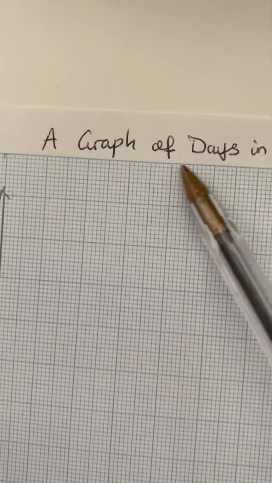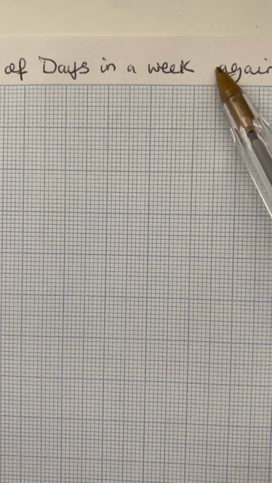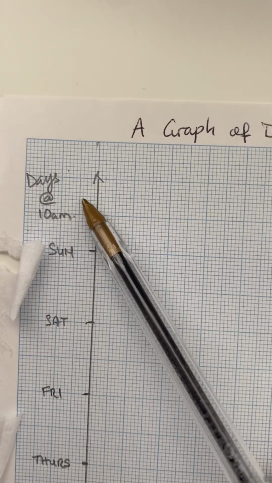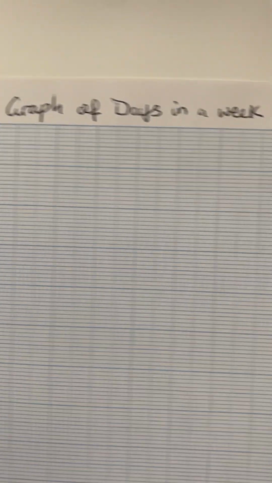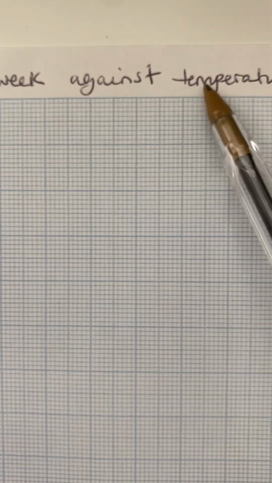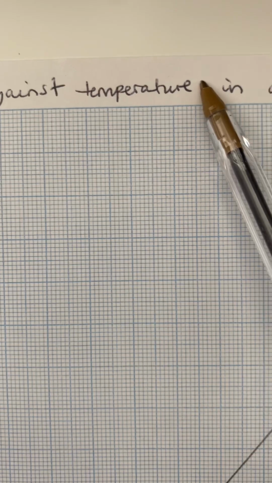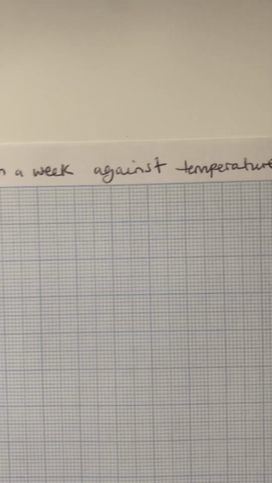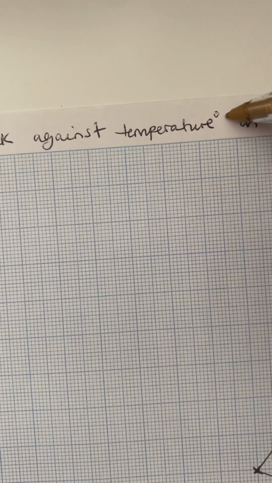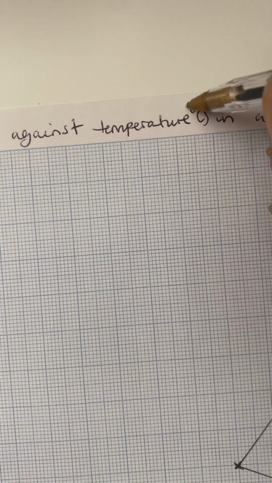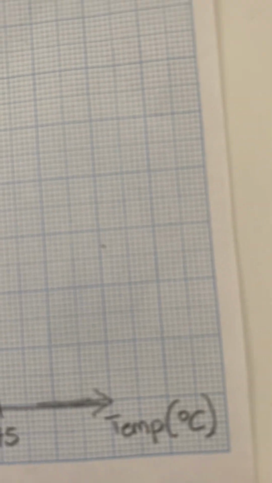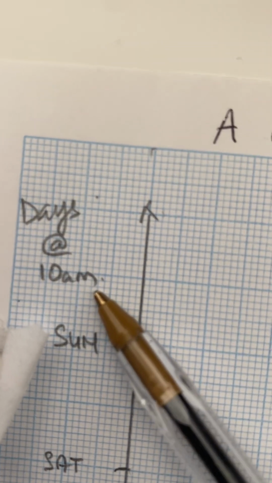So I said a graph of days in a week, because that is what appears on the y-axis. Days in a week against temperature in a greenhouse, but I could write temperature in degrees Celsius, even though I've written it here. And I've written days at 10 a.m.